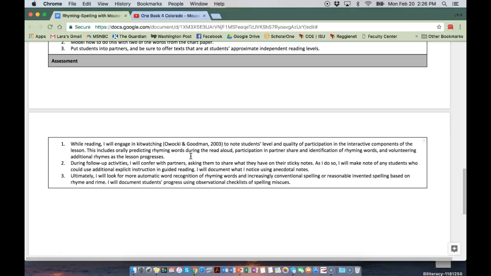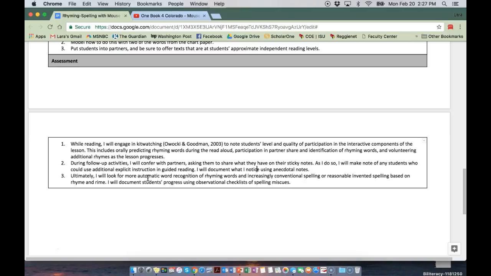Ultimately, when I'm reading the writing that they produce independently, and when I'm reading with them, I would like to see them using rhyme to help them spell and to help them identify words. Ultimately, I'm going to be looking for some automatic word recognition, and I'm going to be looking for increasingly conventional spelling.